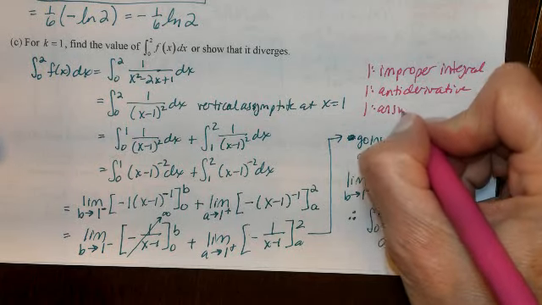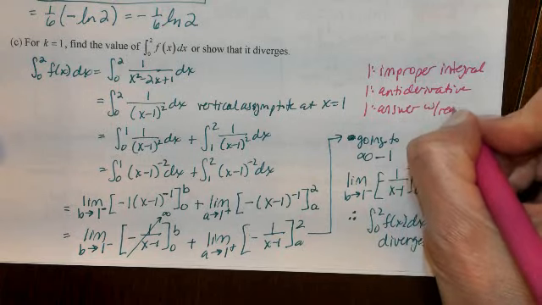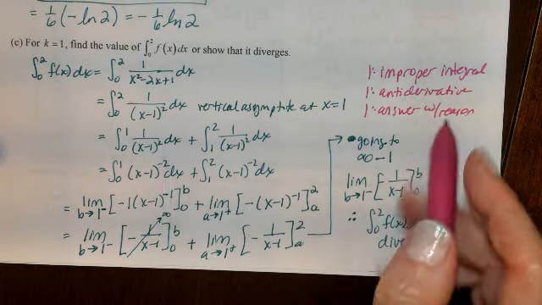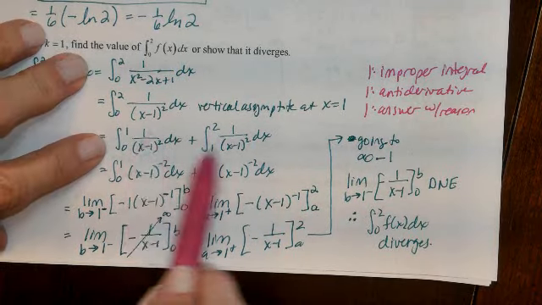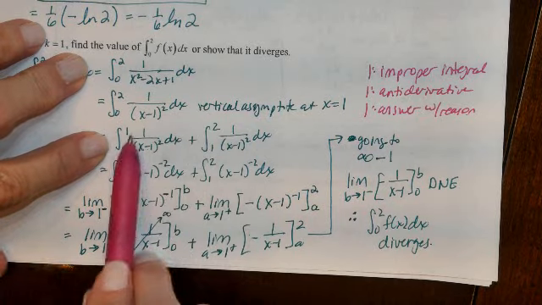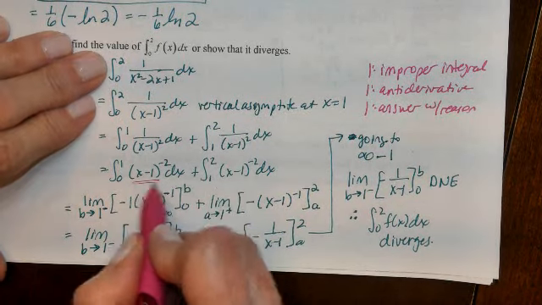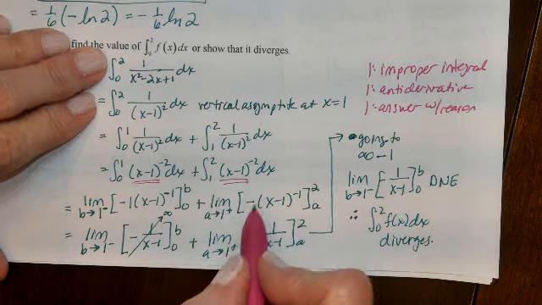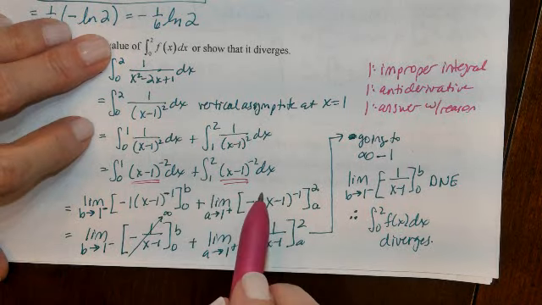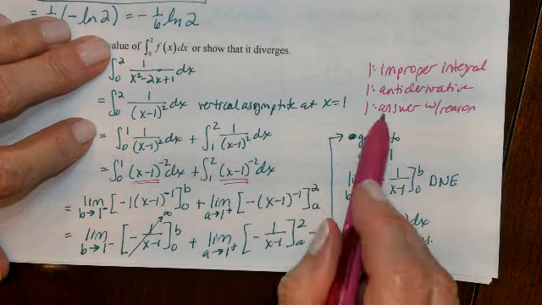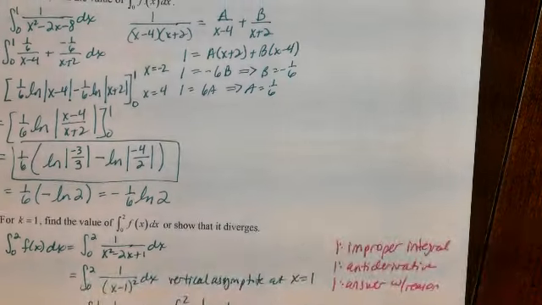And 1 point for your answer with reason. So improper integral, that means you had to split it up into 2 pieces. 1 point for your antiderivative. So if you got the antiderivative, you would get that point even if you didn't split up your improper integral. And then 1 point for your answer with your reason.